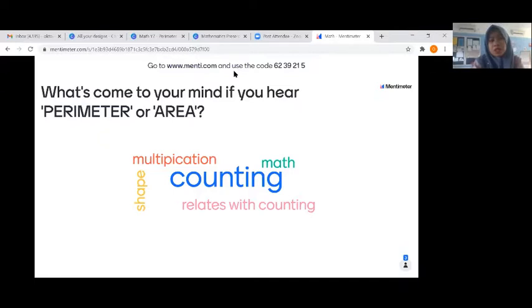Multiplication, okay. Shape, yeah, that's true. We have to know what kind of shape we have to find the perimeter or area of. 3 students already answered. How about the others? We have 16 students here.